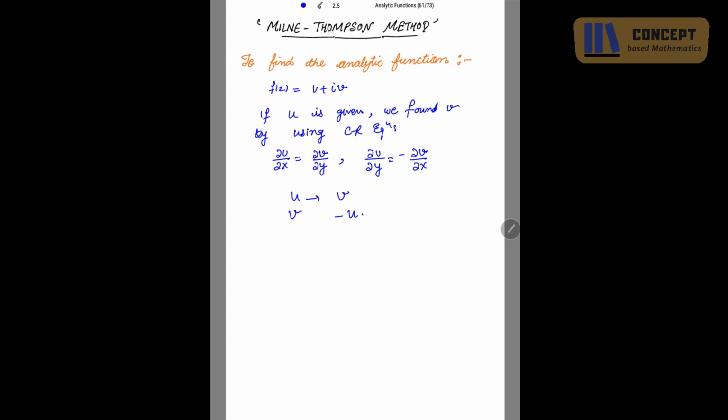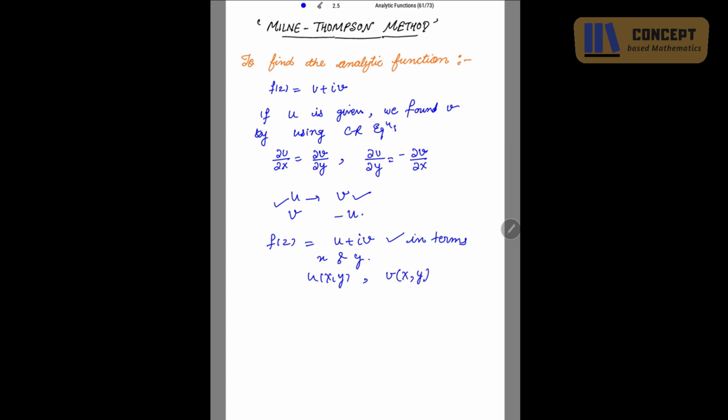So what is the way of finding our analytic function? Now you know your u, you know your v, then you put these two values over here, that is u plus iota v, you get your f of z. But f of z comes in terms of x and y, because u is a function of x and y and v is also a function of x and y.